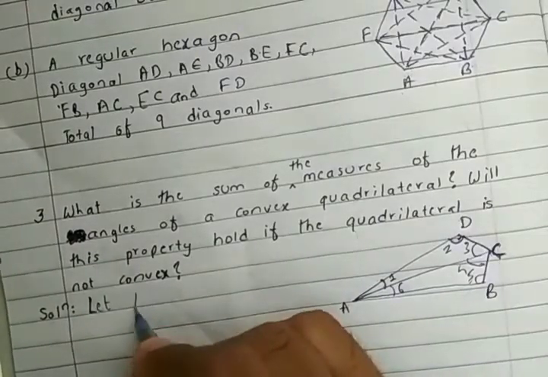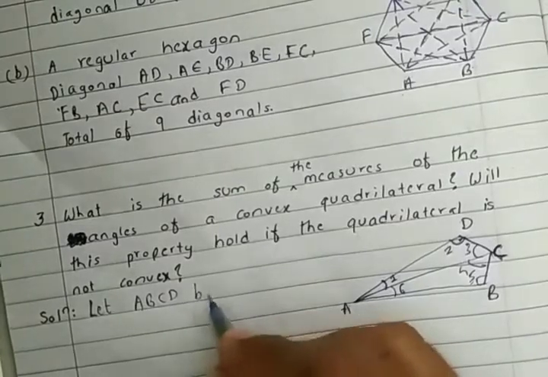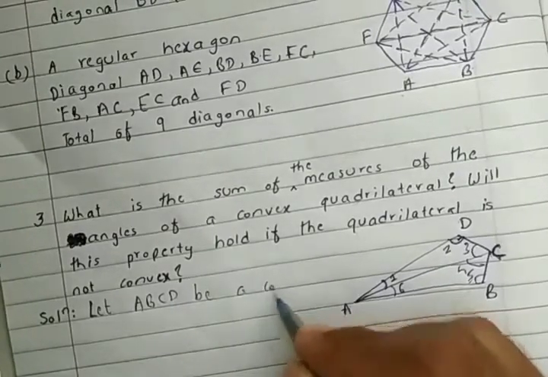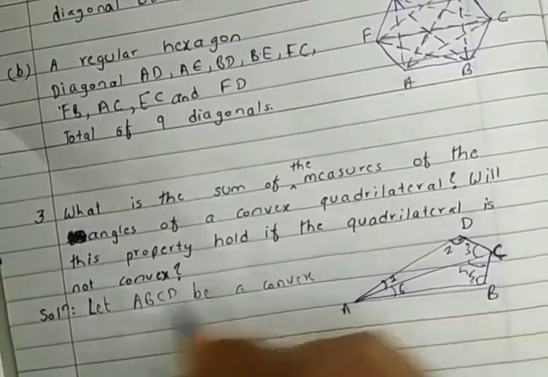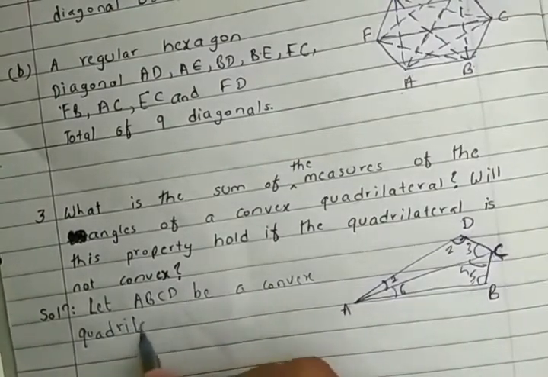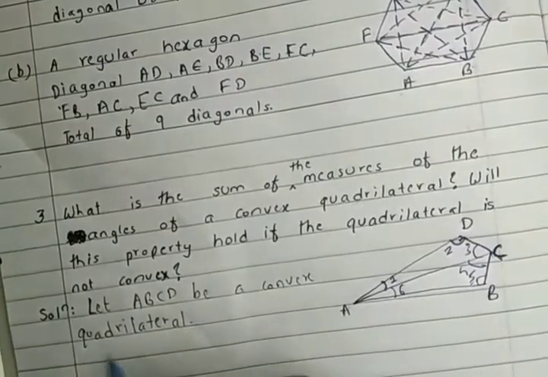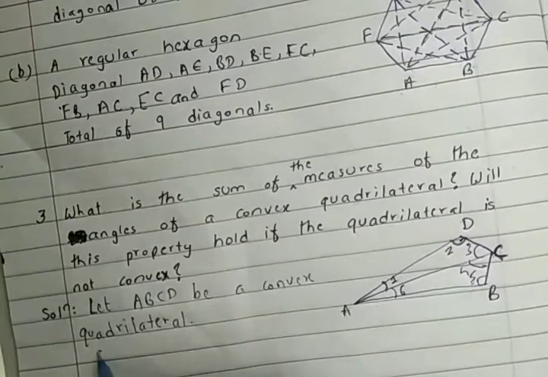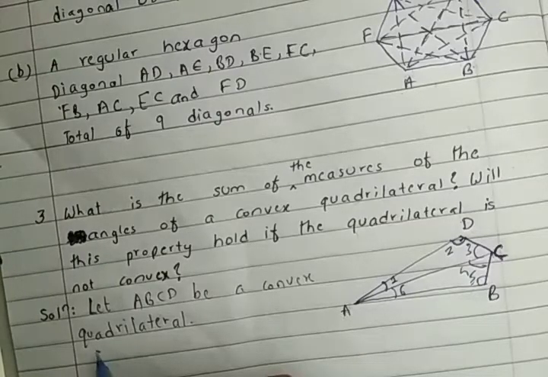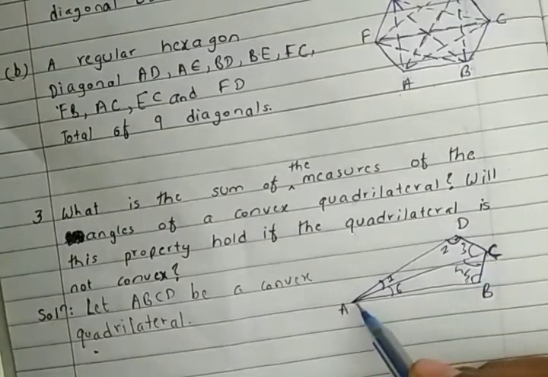Let A, B, C, D be a convex quadrilateral. Okay. First of all, we will make a diagonal AC.